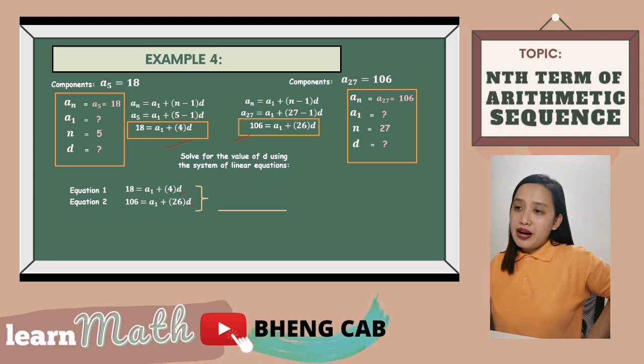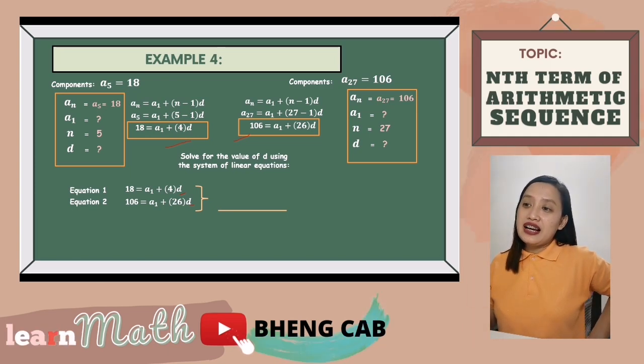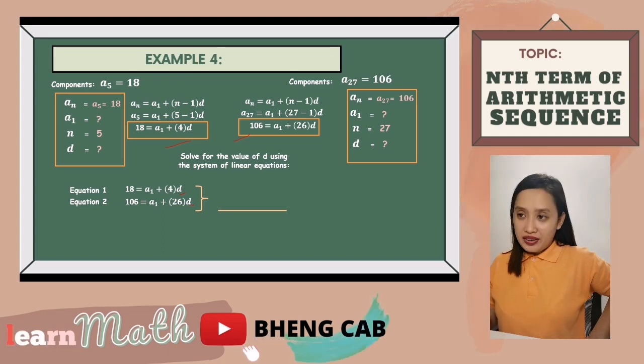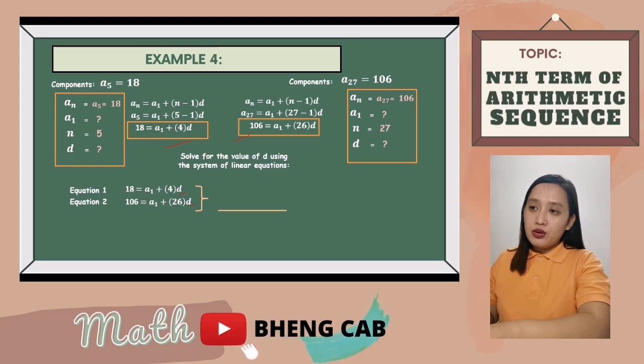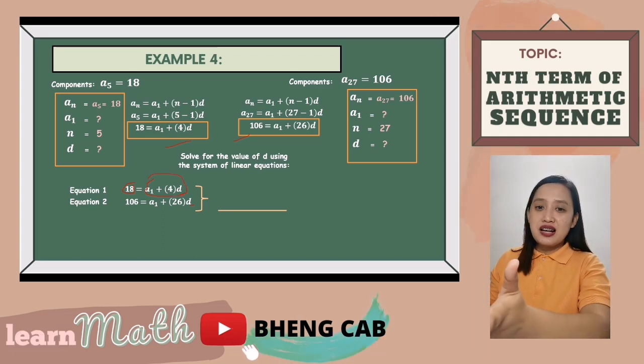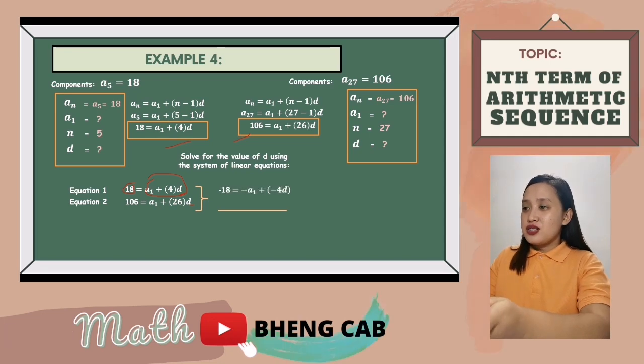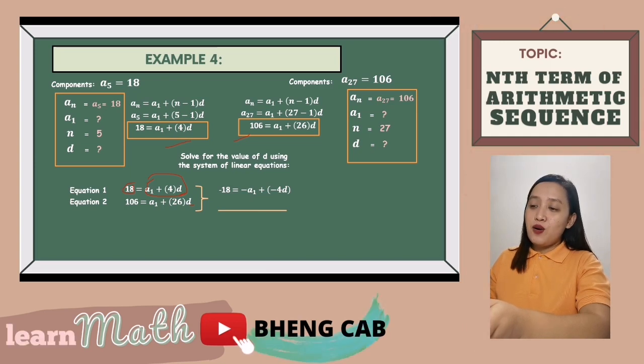So, dahil mas mababa yung 18, edi gawin na lang natin negative a sub 1 ito. So, papaano to? We have to multiply negative 1 to 18 and we have to multiply negative 1 to this right hand side. So, balance ulit. Kung anong gagawin mo sa isang side, ganoon pa rin sa kabilang side. So, we'll come up with negative 18 equals to negative a sub 1 plus negative 4d. So, from positive 4d, we'll have negative 4d here.